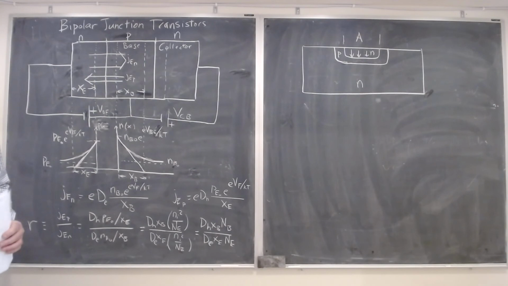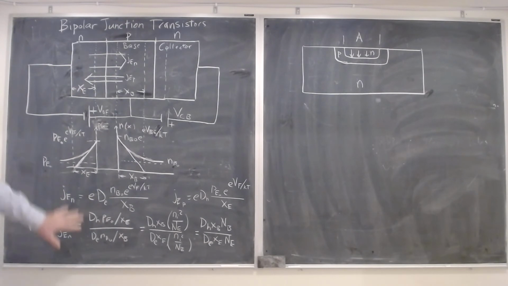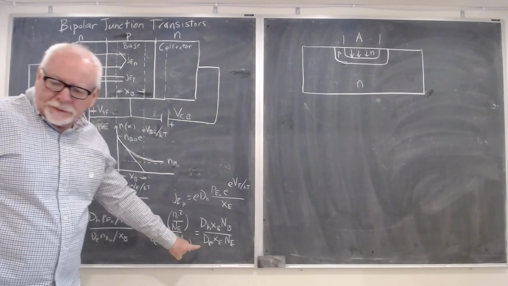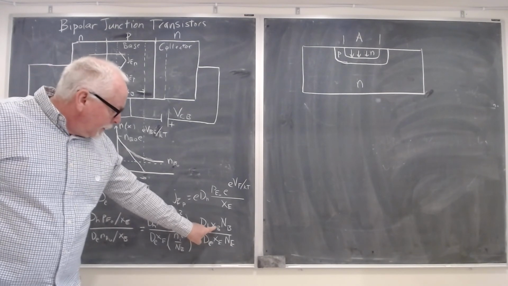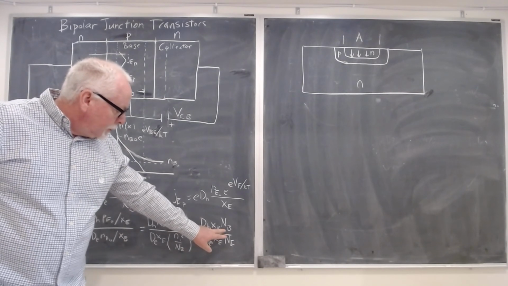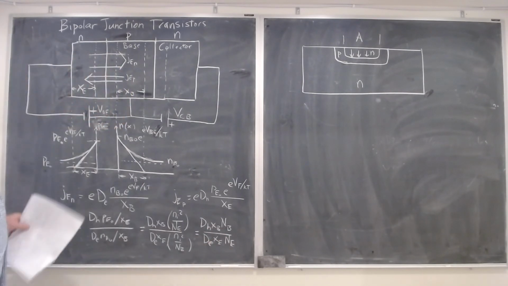My cat's trying to make an appearance again. Okay, so we've determined what the ratios are, and if the diffusion coefficients are the same for holes and electrons, and X_B is equal to X_E, it's just the ratio of the doping densities.